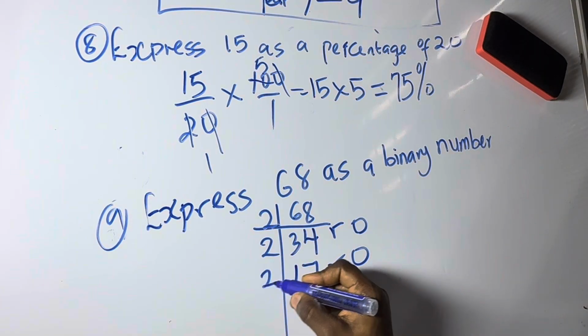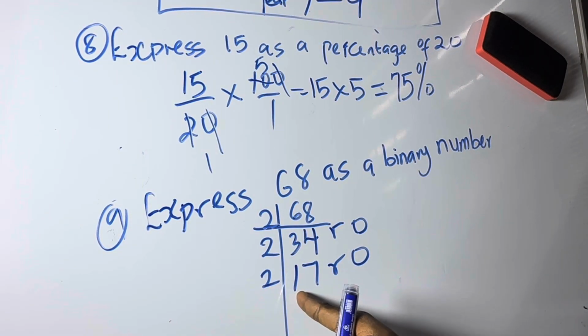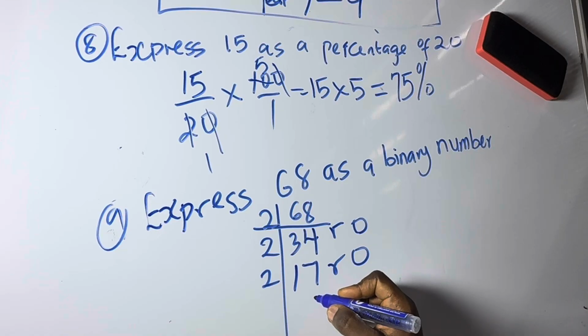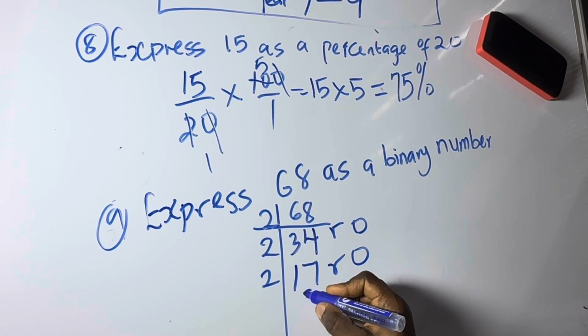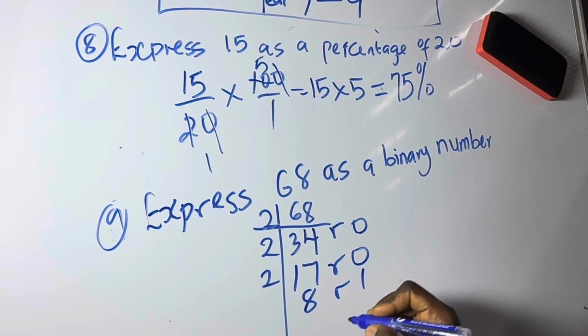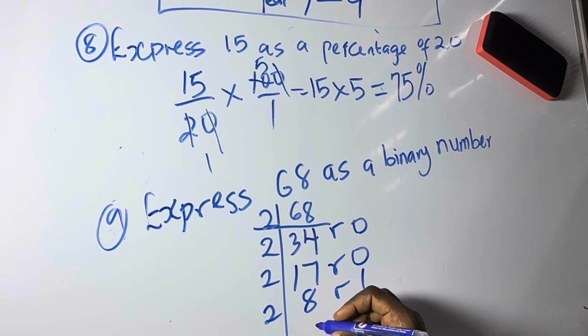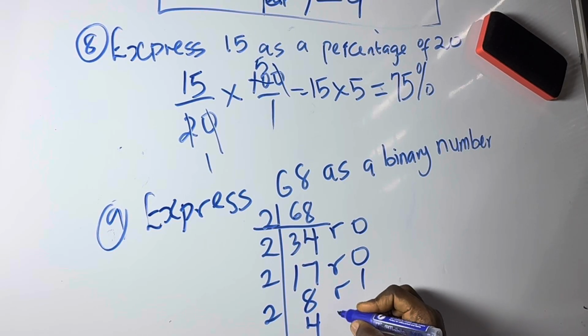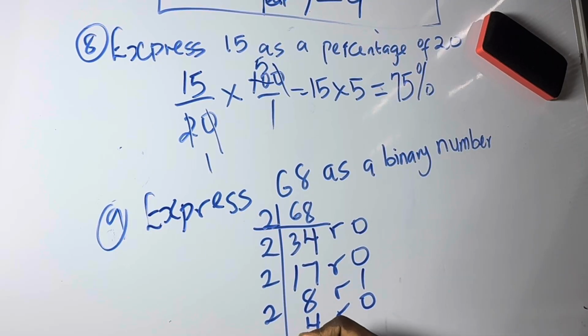Now let's use 2 to divide 17. 2 in 17 can only go 8 times. 2 times 8 is 16, remainder 1. 2 in 8 is 4, remainder 0.